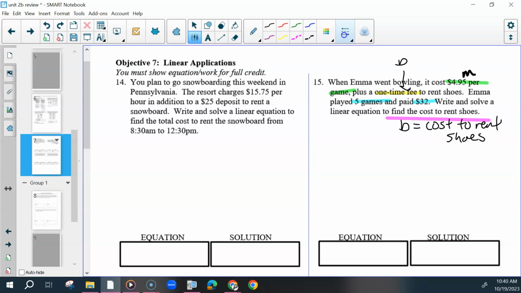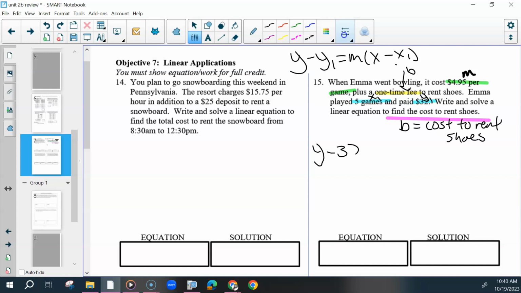So then 5 and 32, what variables would those be? X and Y. Games would be X, 32 would be Y, the 32 would be like your Y1, or the 5 is your X1, and we're going to use our point slope. So if you have to solve for B, you're going to be using point slope.